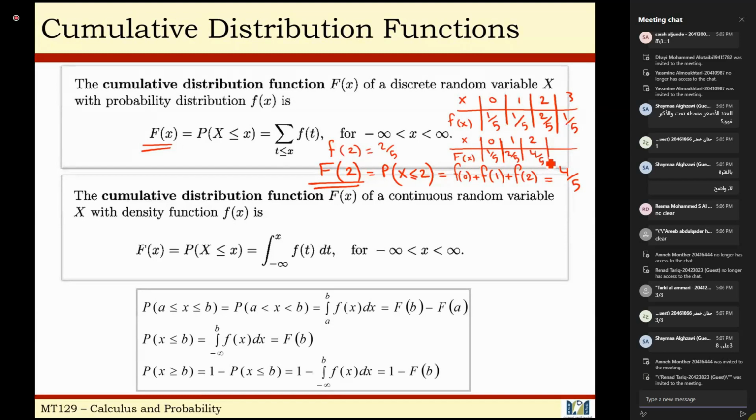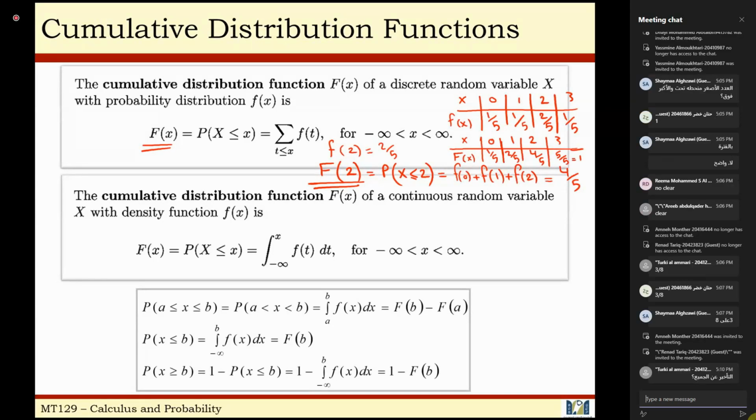The last one must equal 1 in F capital. This is called cumulative, not probability mass function. For a probability mass function, the summation of f of x must equal 1, but F capital is cumulative. F at 0 is just 0, F at 1 is the probability of 0 and 1, at 2 it is 0, 1 and 2, and at 3 it is 0, 1, 2 and 3.